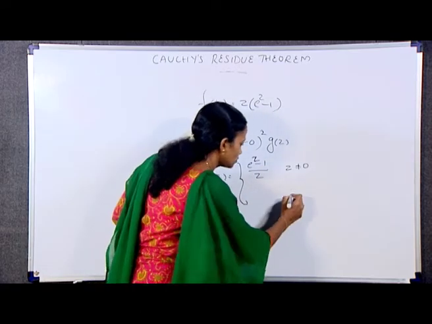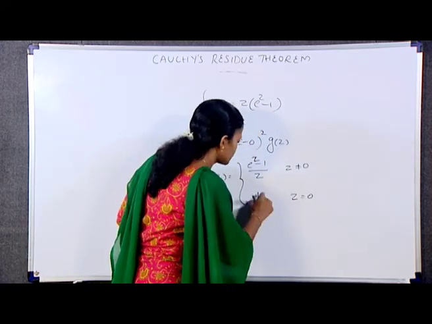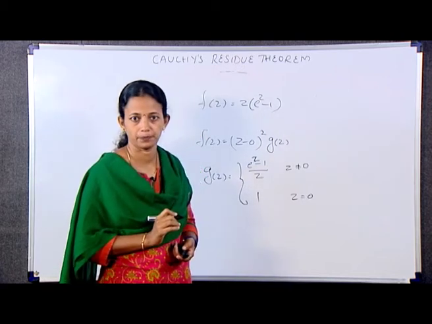When z is equal to 0, the value of g of z is 1.